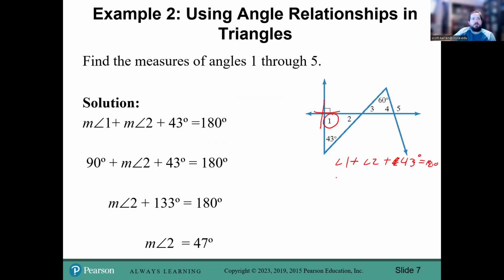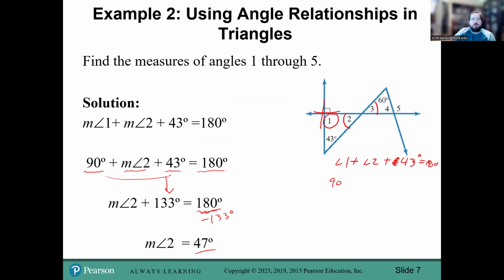So 90 plus the measure of angle 2 plus 43 has to be 180. 90 and 43 is 133, which I'll subtract from 180, and I get 47. So angle 2 is 47, and therefore angle 3 is also 47.